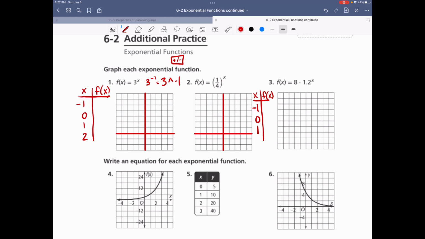Okay, and for the next one, you're going to have a different scale. So go ahead and draw the x and y axes like this. And the x's you'll count by 1s. But the y's you will want to count by 2s, just so it fits.